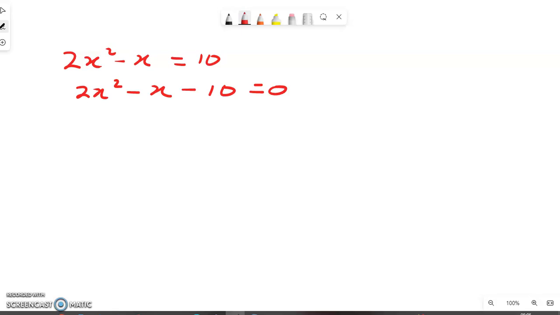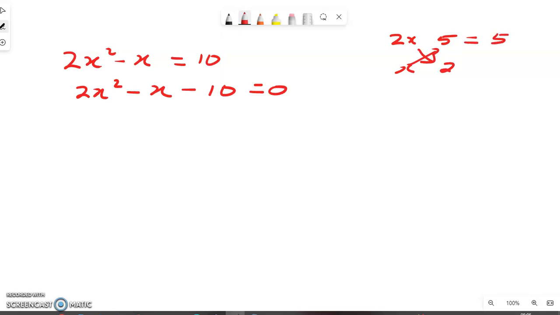This is 2x and x, and the factors of 10. We can use 5 and 2. We must cross multiply.